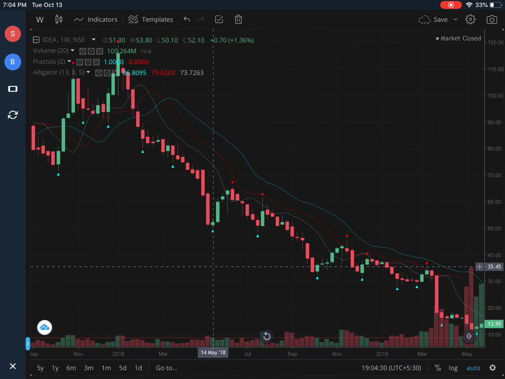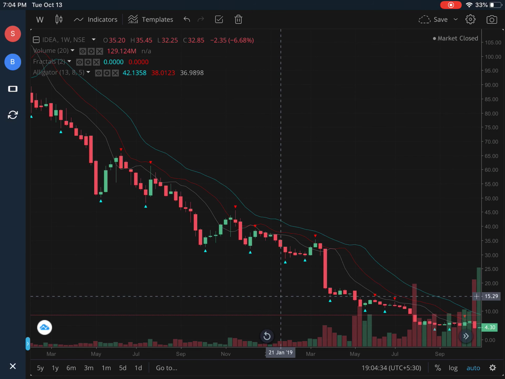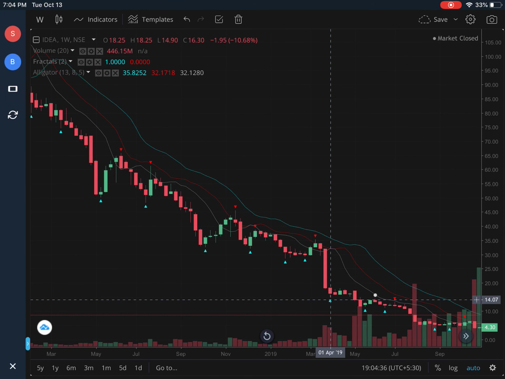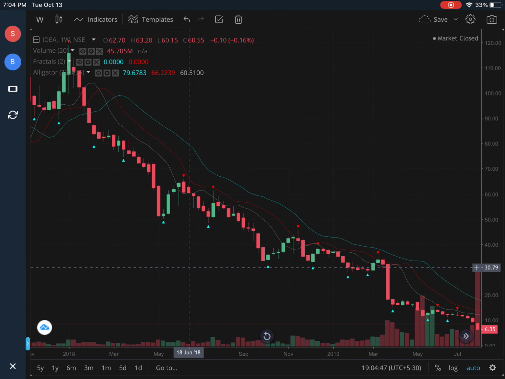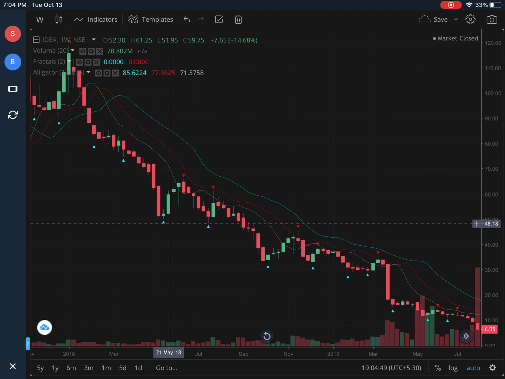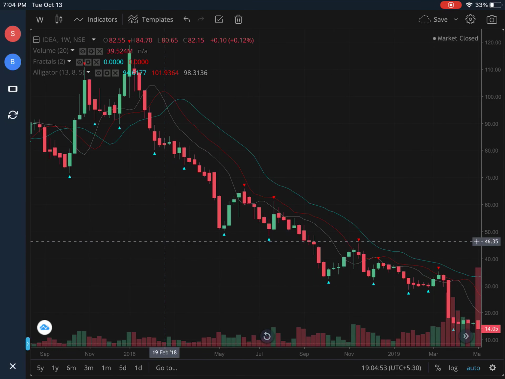So from 90, it came down all the way to around 10 rupees, 15 rupees. So you had a great fall from 90 to 14 rupees. So that's an example of every time the down fractal was violated, you could have added more position, or if you have just one position, of course, provided this script, you cannot short unless it is in the futures segment.